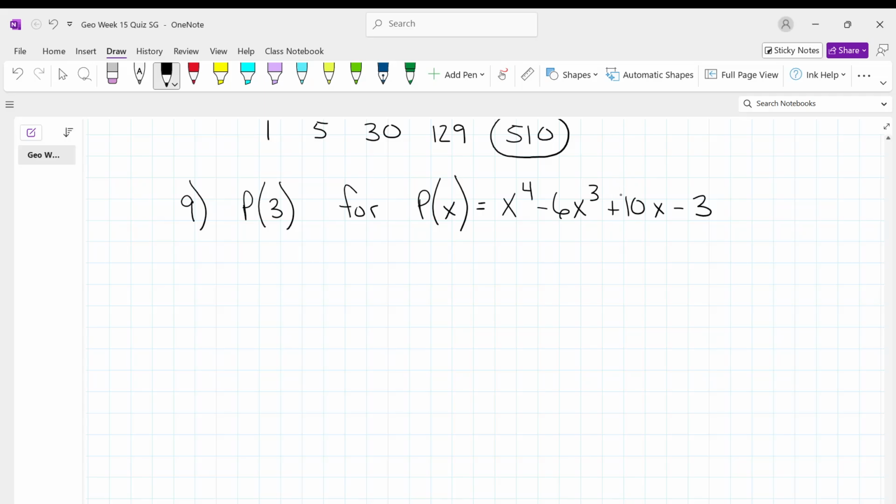Now be careful because you're missing an x squared again, okay? So let's see if you have to fill that in or not. Let's try it with the 3. And let's go straight into the 1, negative 6, 10, negative 3.